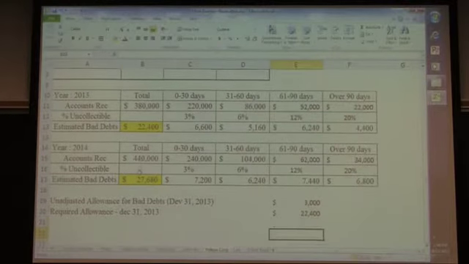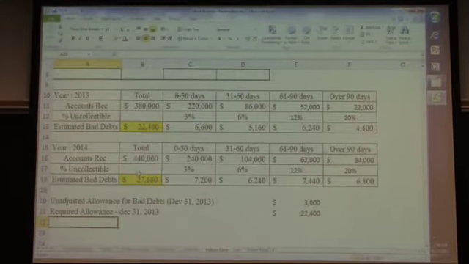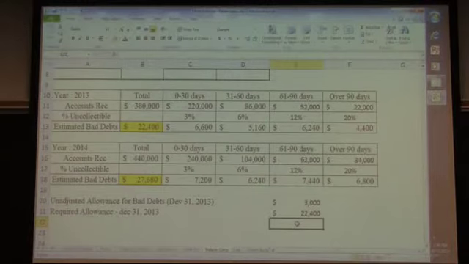So that means I need to provide for bad debt of the difference of those two, which is $19,400.